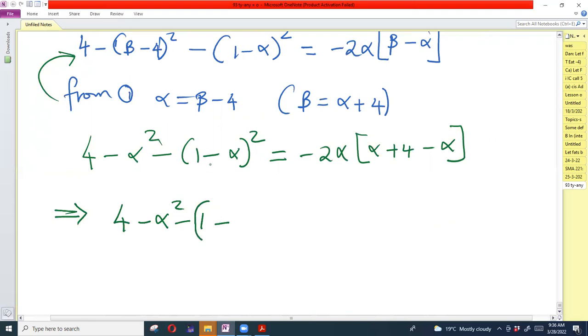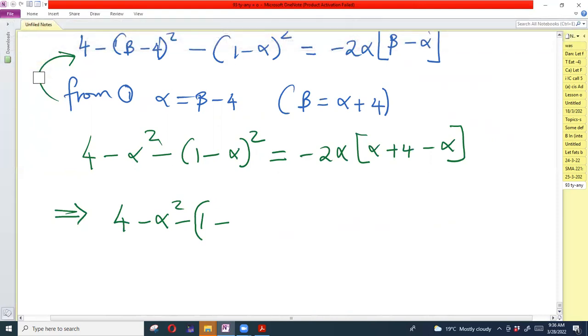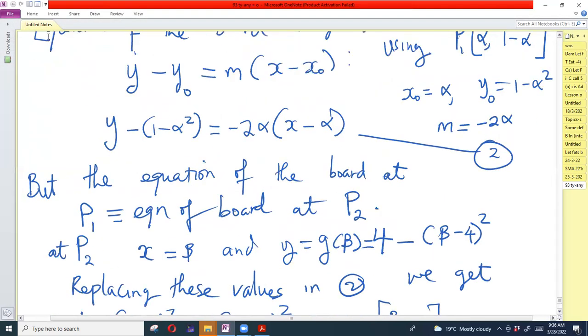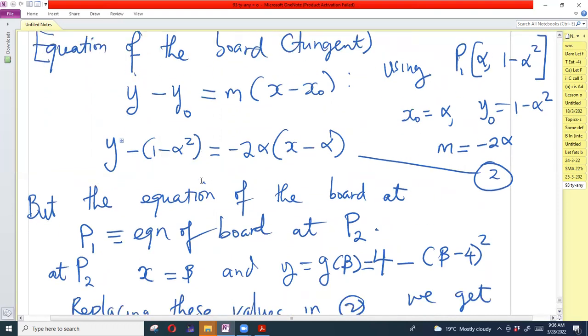So squaring this, we'll have, actually, remember at this point we have y minus alpha, or it's 1 minus alpha squared.